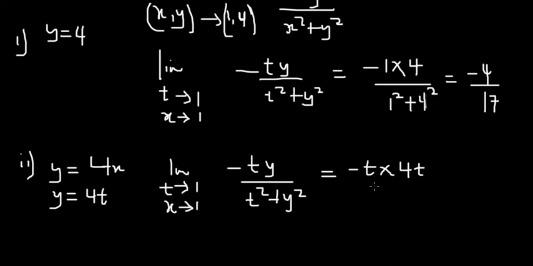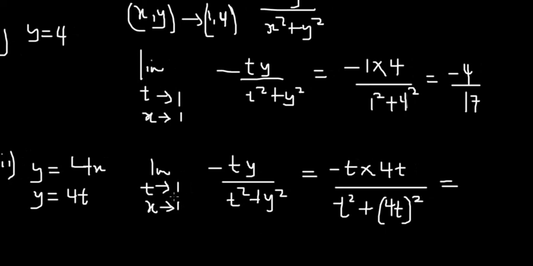So now we have divided by t squared plus y squared, where y is 4t, so we have 4t all squared. Now let's do a simple calculation.